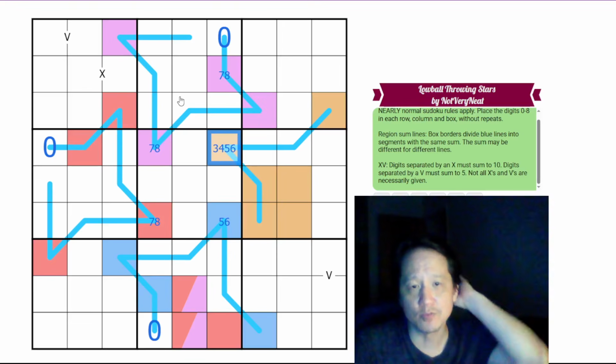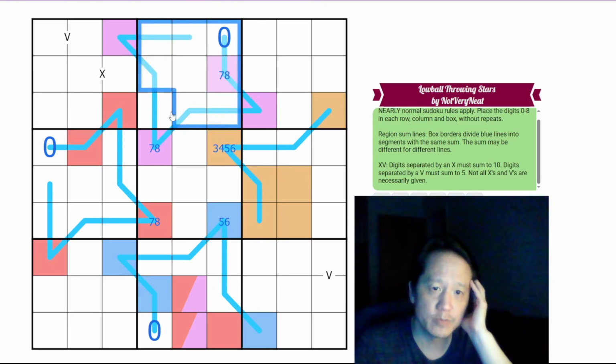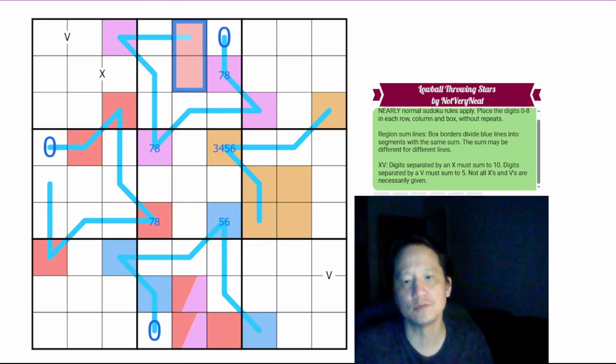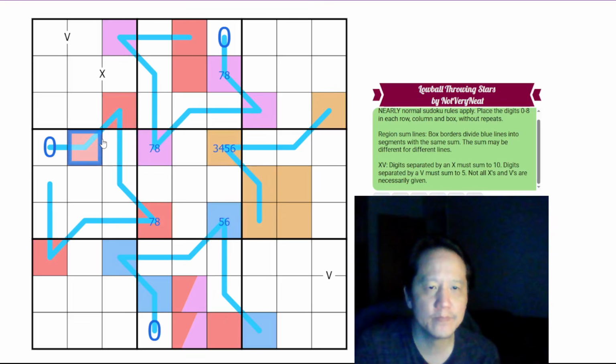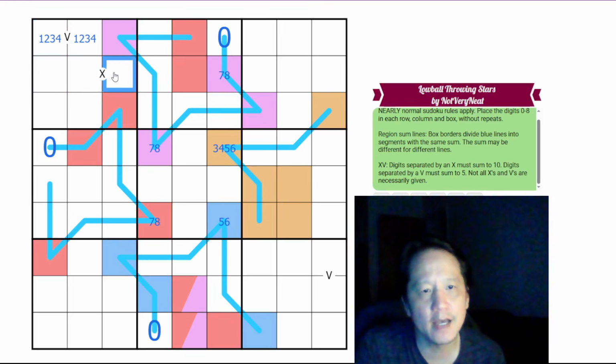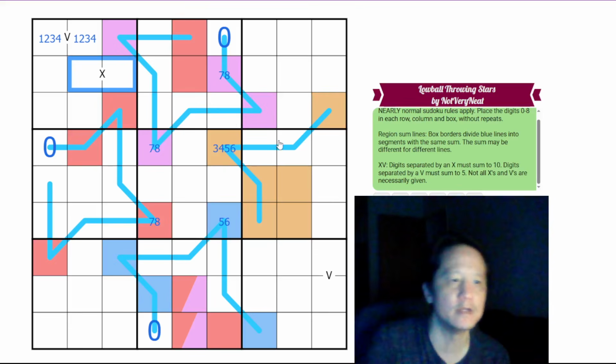Red, where is red in this upper central box? Cannot be here or here, so red has to be one of these two digits. This cannot be 0 and 5 adding up to 5, so this is 1, 4, 2, 3. To add up to 10 would be 2, 8, 3, 7, or 4, 6.